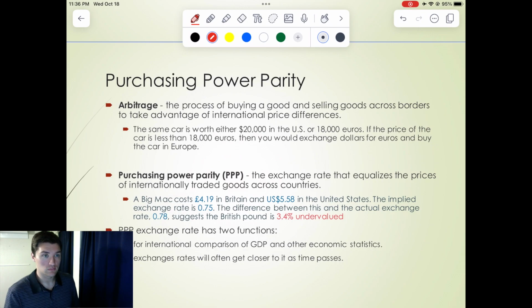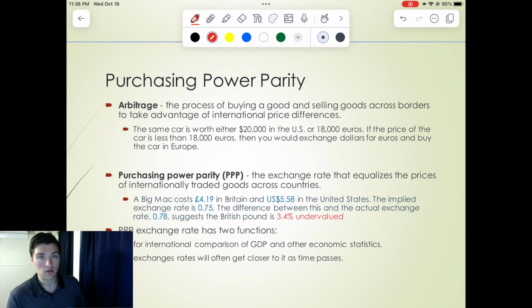So you exchange your money into euros and buy the car in Europe, and now you got the same car for a cheaper price, because the car is less than the 18,000 euros, even though it's the same car.